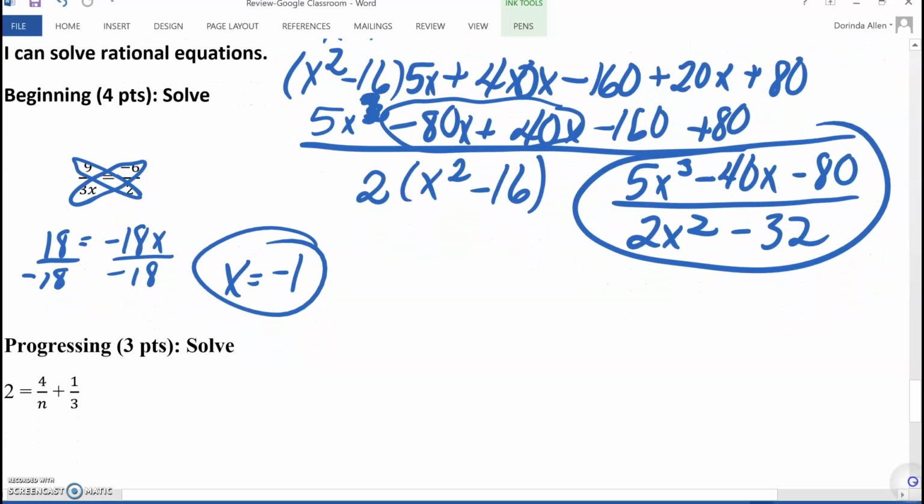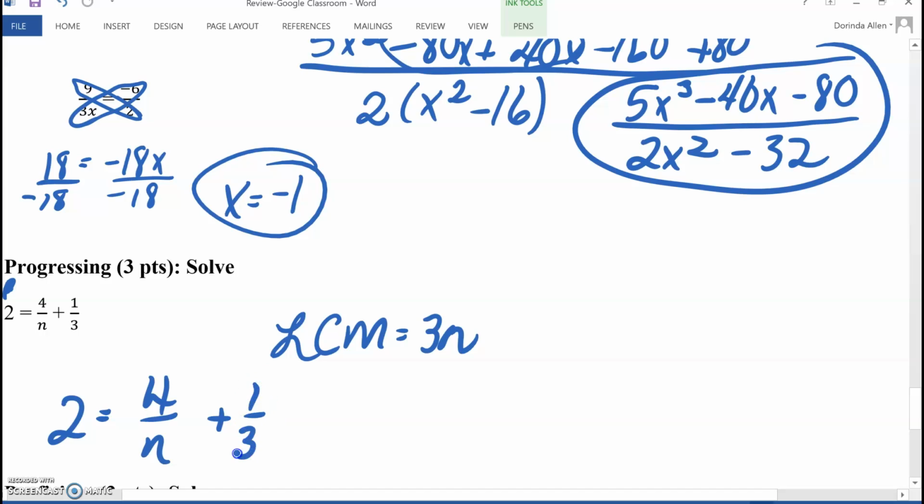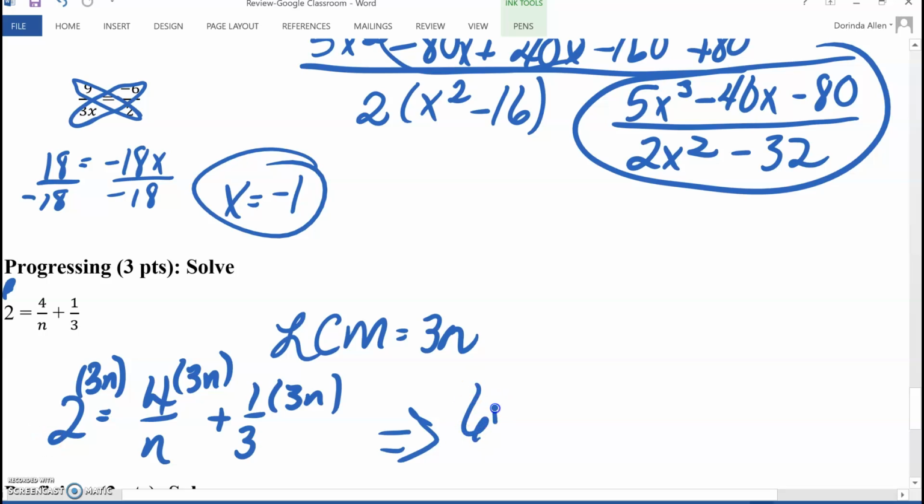Here my common denominator is going to be 3n. So I'm going to multiply everything by 3n right here, so I have a little bit more room. For solving, we multiply everything by our common denominator. So 3n times 2 is 6n. This n should cancel, and this is why we do it, to get rid of our denominator.